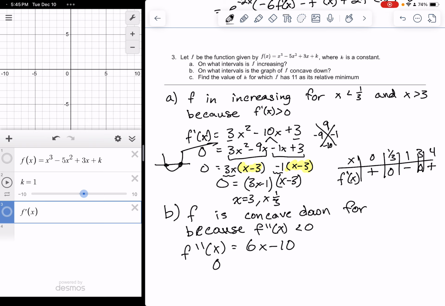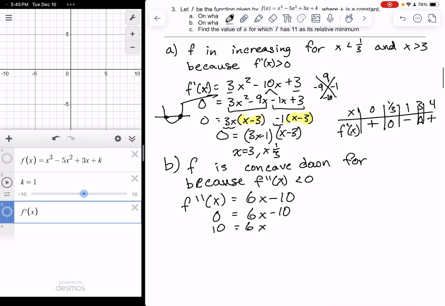I could set that equal to 0: 6x minus 10 equals 0, add 10 to the other side, divide by 6, and I find that x equals 10 over 6 is kind of a splitting point.